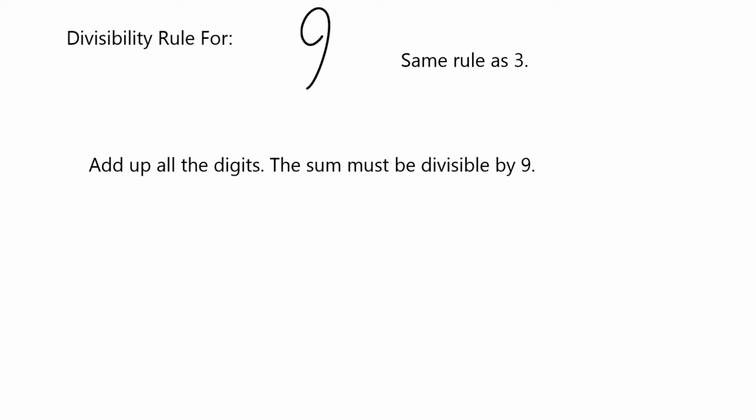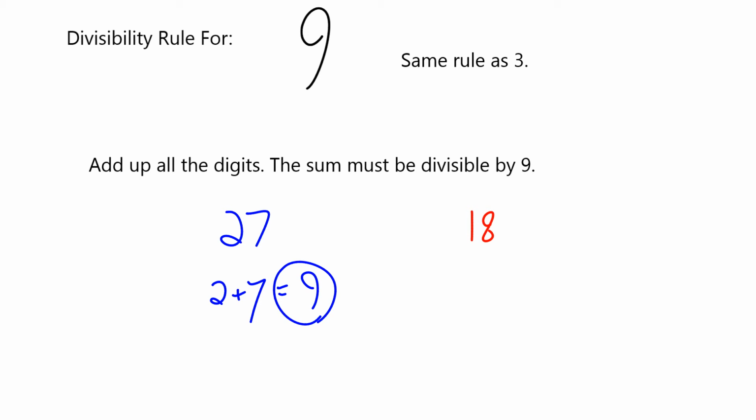The divisibility rule for 9 is the exact same as 3. If you have a small number, add up the digits. If the sum is divisible by 9, then so is the original number. It even works for larger numbers.